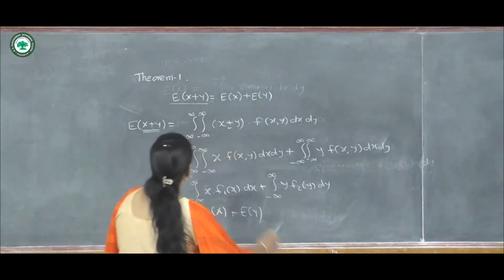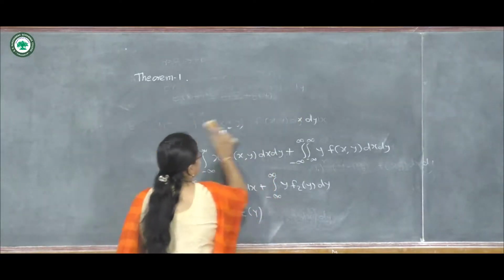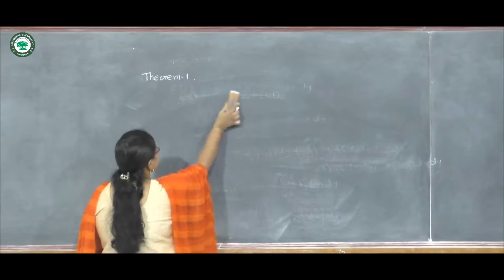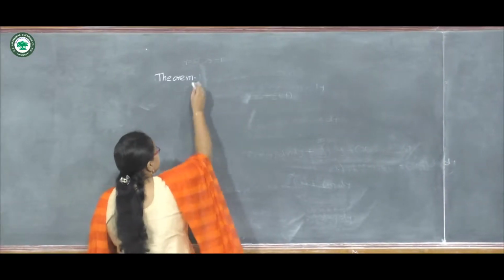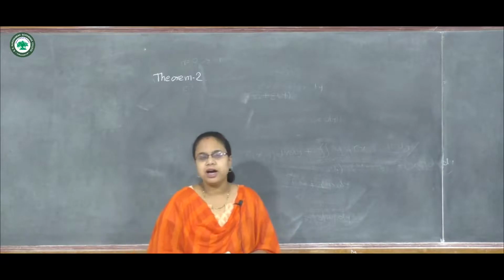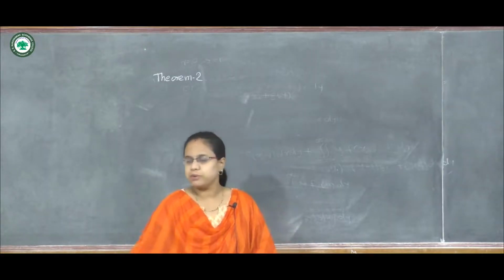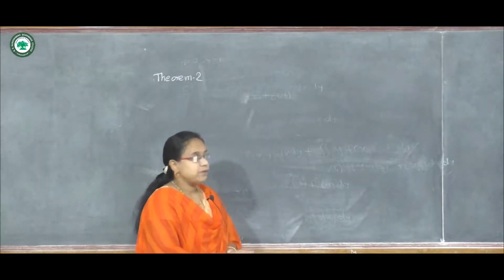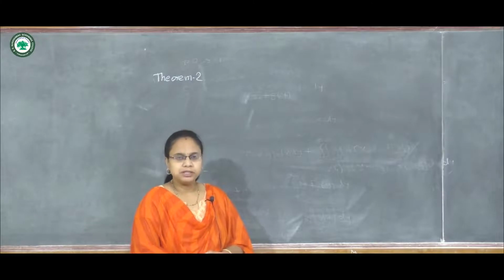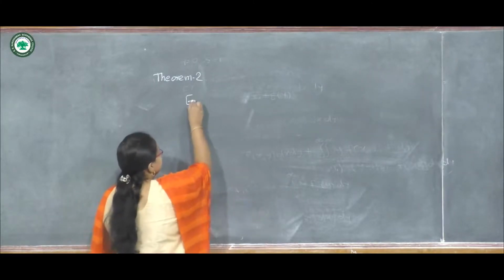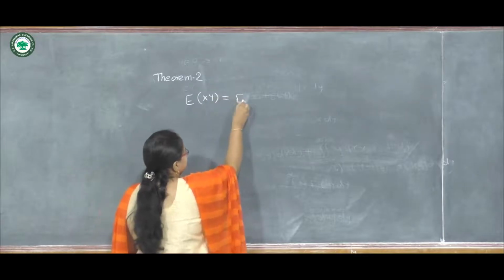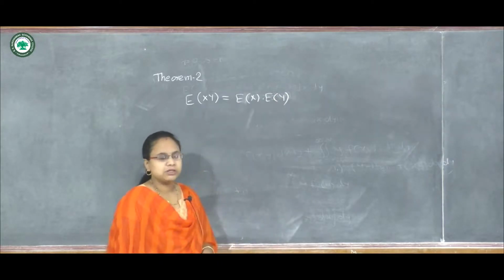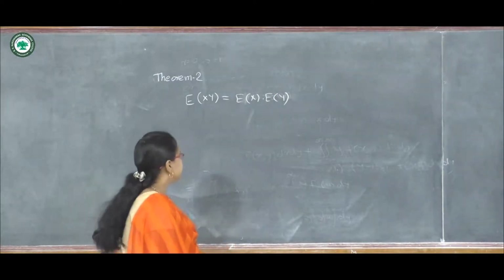Let's see the second theorem. Suppose X and Y are bivariate random variables and suppose f(x, y) is its joint PDF, and if X and Y are independent random variables, then E[XY] is the product of the expectations of X and Y. So let's see its proof.